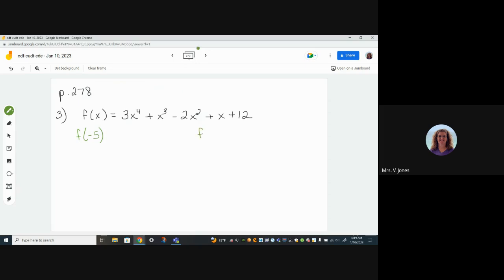Let's put that over here. It wants us to find both values using synthetic substitution. So instead of plugging the -5 in for all those x values and then plugging the 2 in for the x values to get our answers, we're going to use synthetic division.